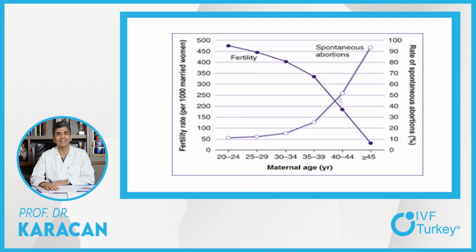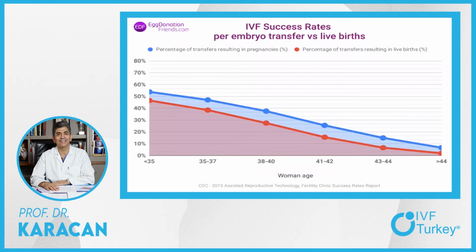This is very important due to the oocyte, the egg factor, because the chromosomes located inside the nucleus of the egg get older and become much more vulnerable after fertilization, yielding a very poor pregnancy rate. This is IVF success and age.